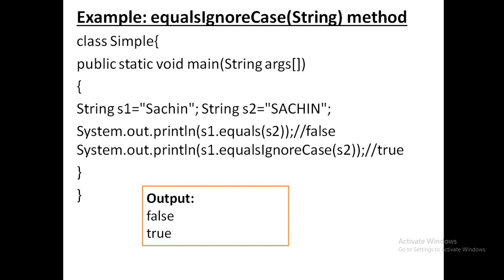While printing s1 equals s2 using the equals method, it prints false as both are case sensitive and the cases are different. Whereas using equalsIgnoreCase and comparing s1 and s2, it prints true because they have the same string and the case difference is ignored in this method.